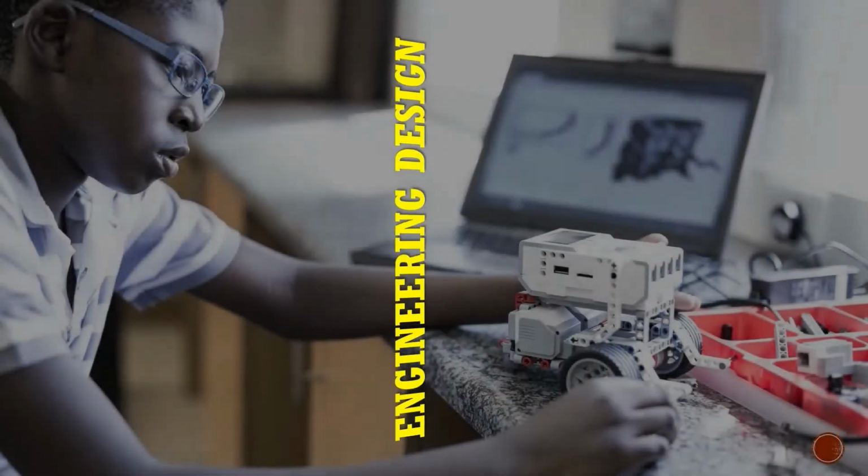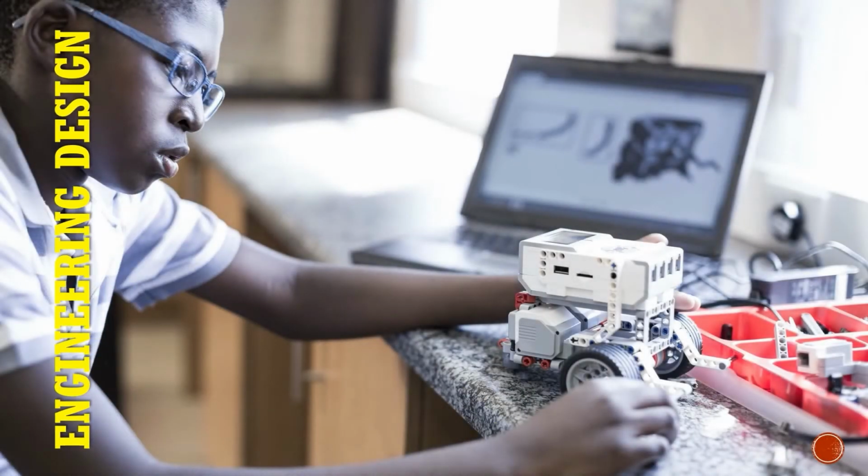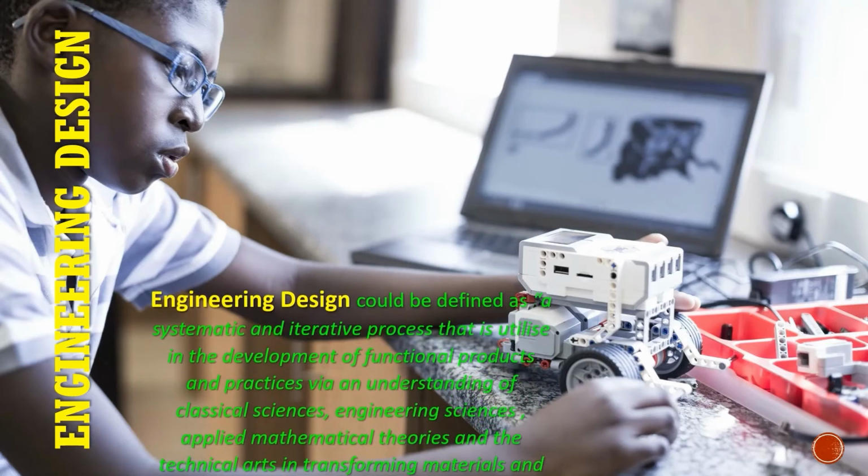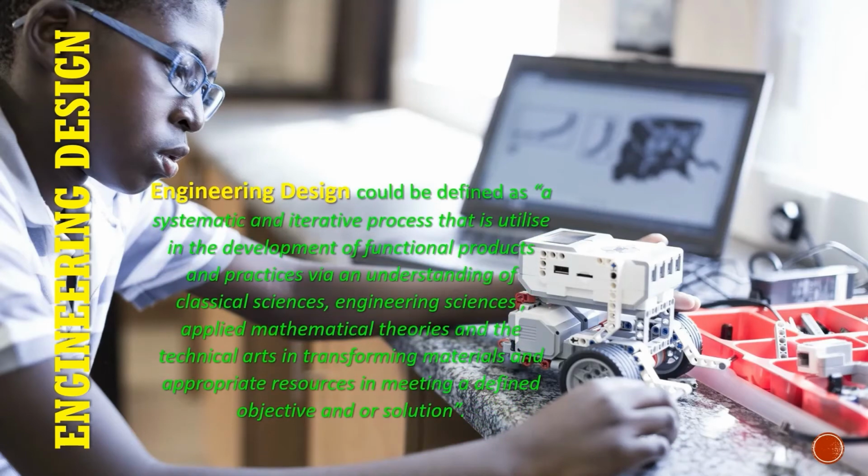So, as I stated, the core of engineering design is understanding how a product is supposed to work and what will be the performance that will govern that functionality. So that will be the top priority.